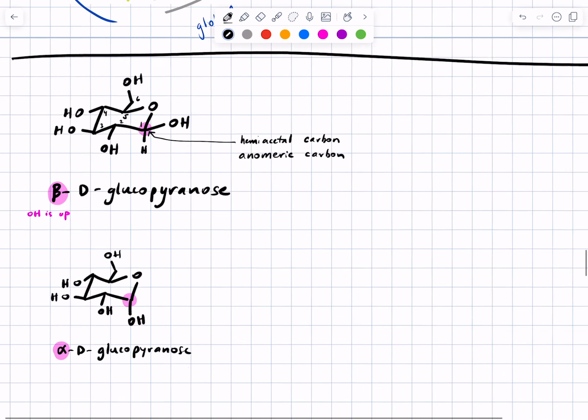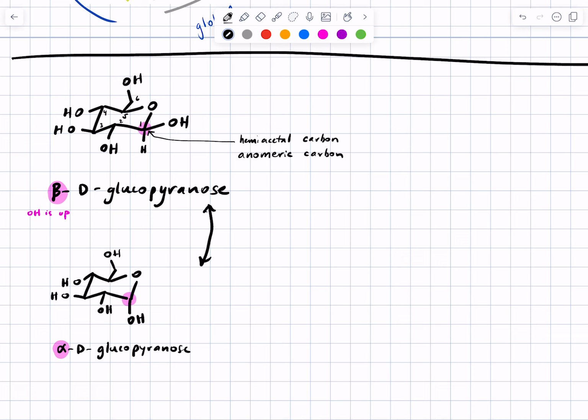And these two, alpha and beta glucopyranose, are called diastereomers because they differ at one and only one stereocenter. They are stereoisomers but not enantiomers. Diastereomer is a catch-all term we have for stereoisomers that are not enantiomers. They're a particular class of diastereomers. Here's a word you may not have heard before.